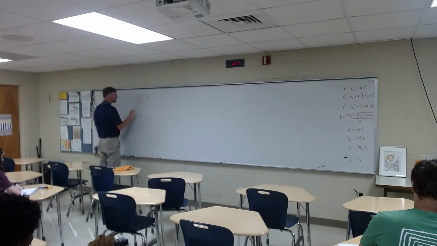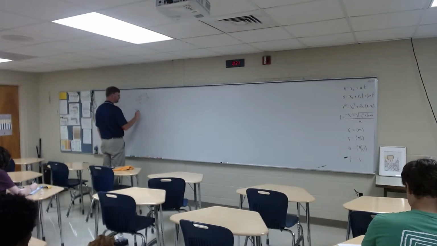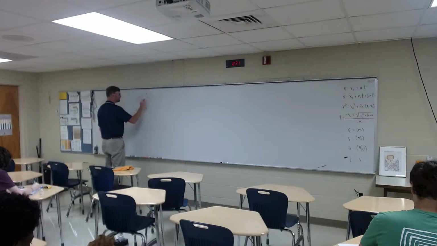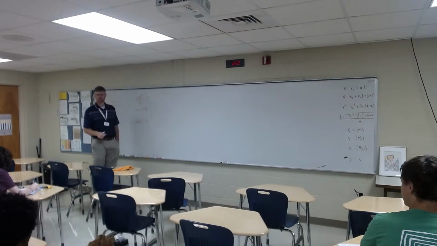All right, so the sine of that angle is going to be V0y over V, opposite over hypotenuse, right? And the cosine of that angle will be V0x over V, adjacent over hypotenuse.